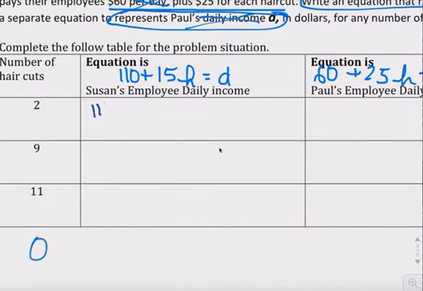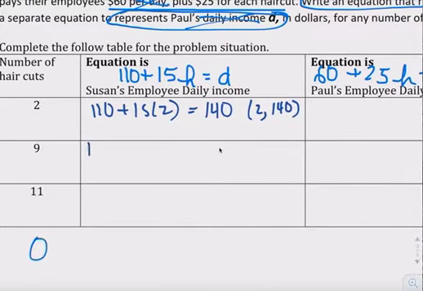Okay, 110 plus 15 times 2 is 30, so 140. So ordered pair is 2, 140. This is 110 plus 15 times 9 equals 2, 45 carry 4, 135. 135 is 245 then.